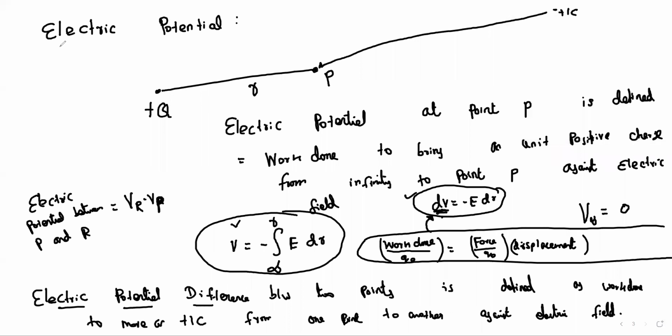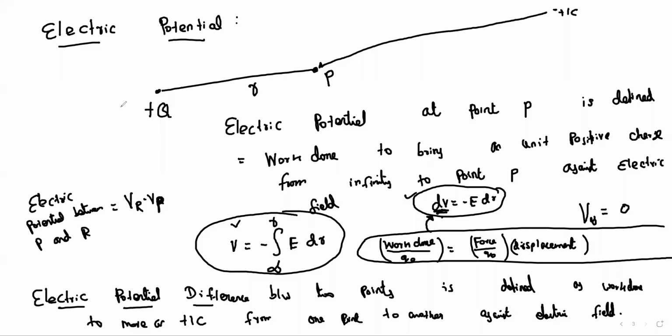So I will repeat again. Electric potential at point P. We have a test charge and a source charge plus Q, and surrounding plus Q there will be an electric field.